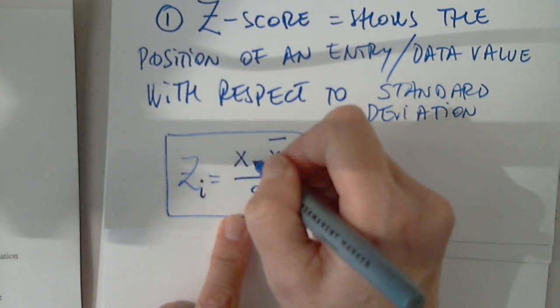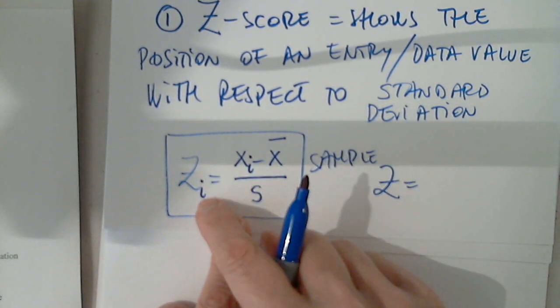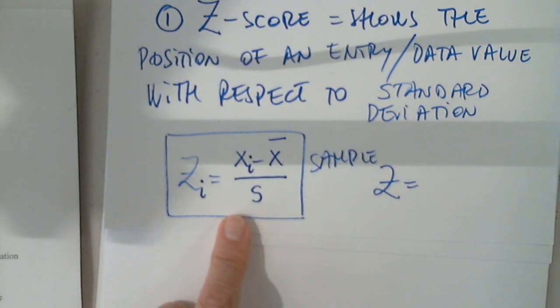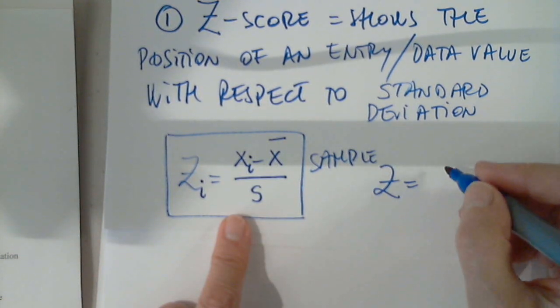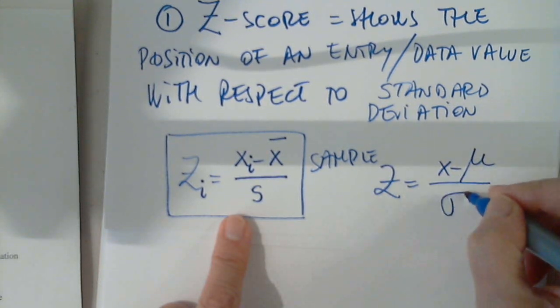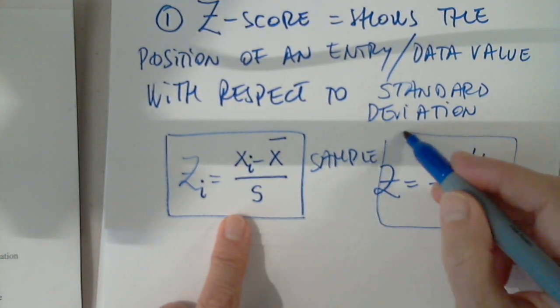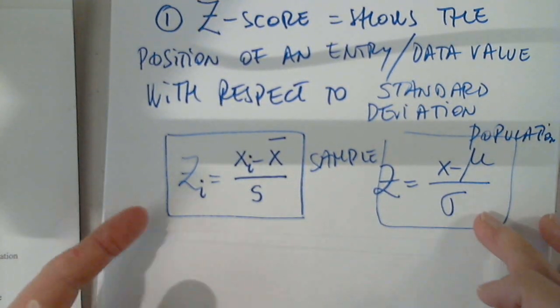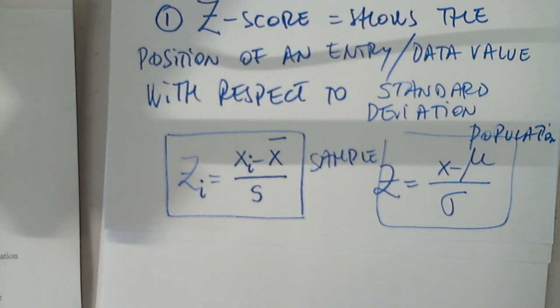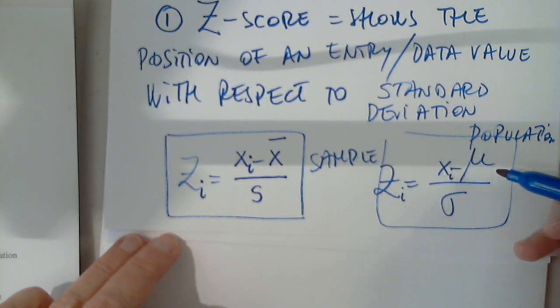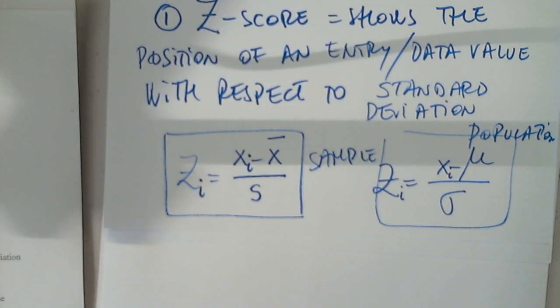It's z1 for entry x1, is z2 for entry x2, and so on and so forth. And in general, it's x minus mu divided by sigma for a population. Of course, it looks different because we are using different notations. But this is, again, xi, any entry, minus mu over sigma.